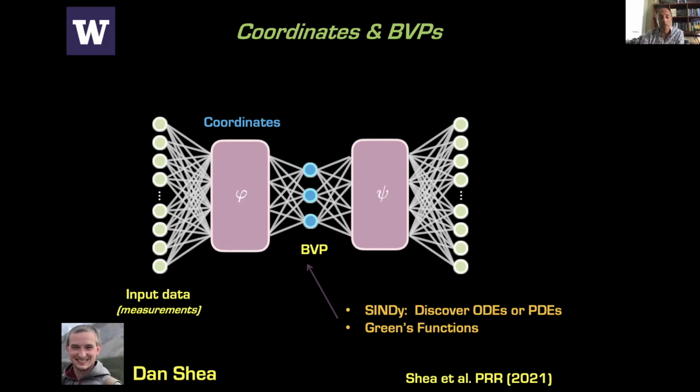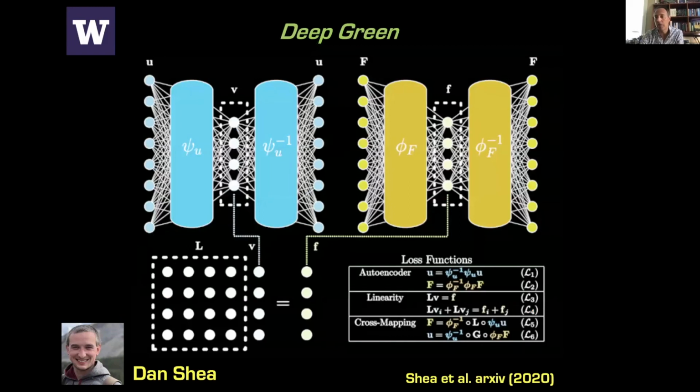Even more importantly, with Dan we are able to learn Green's function representations. For those of you who have worked with Green's functions, it's the fundamental solution to a problem. The problem with nonlinearity is that superposition no longer holds. What this deep Green architecture allows us to do is make a coordinate transformation to a linear system, build the Green's function there, and then come back out. So it essentially gives us a nonlinear Green's function representation that I think can be very important for many applications across the engineering sciences.